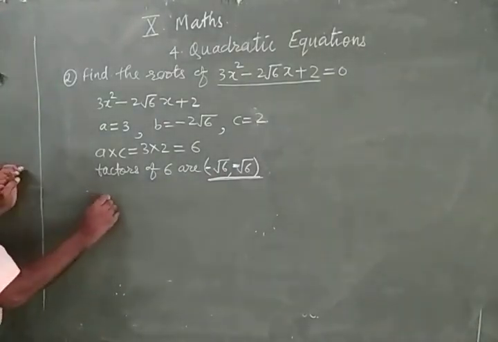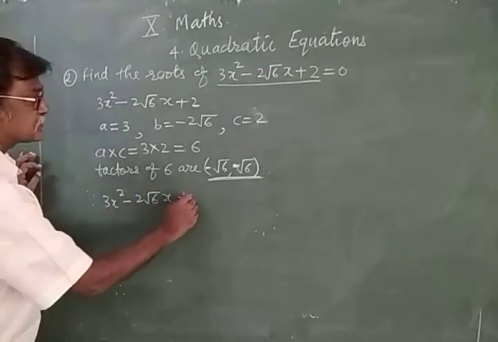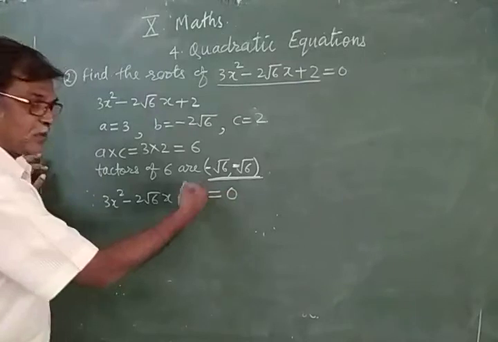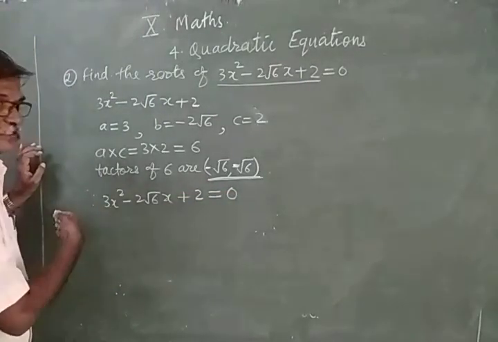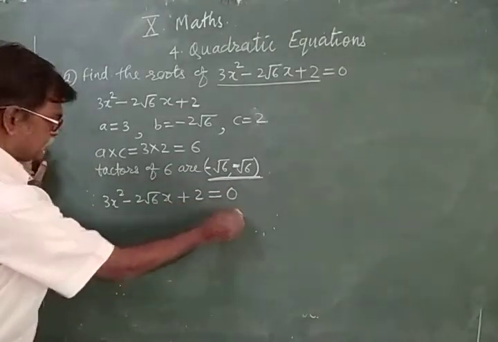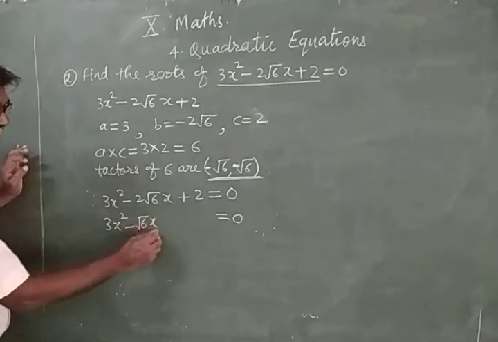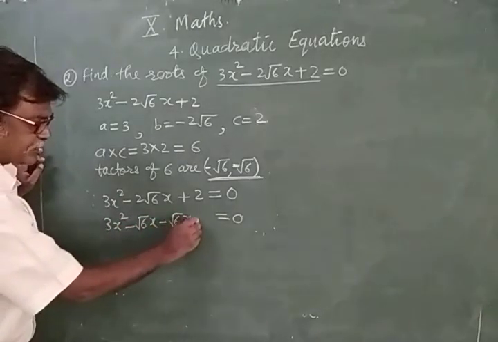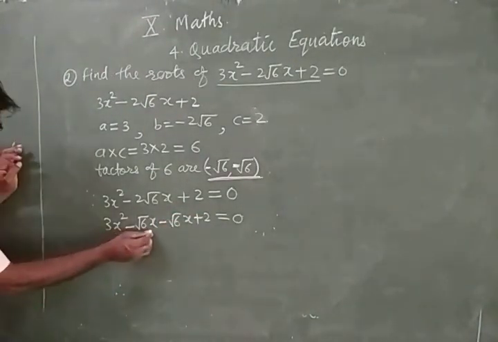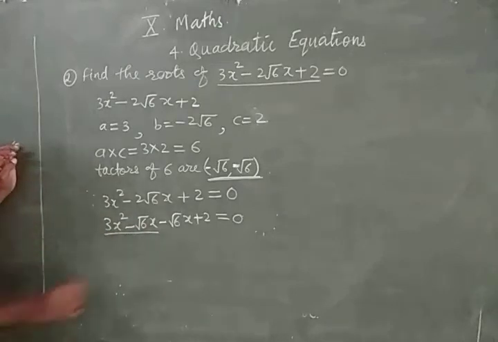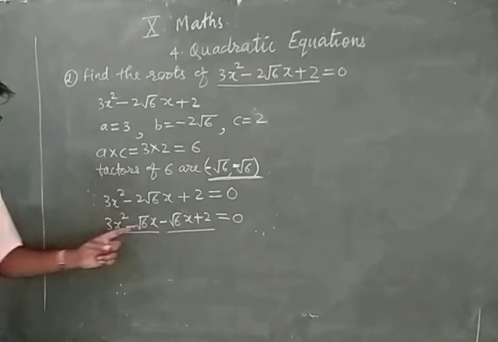And therefore this can be written as 3x square minus 2 root 6x plus 2 is equal to 0. Now I will take the last step. I will factorize the left side, right hand side will be 0. This 3x square as it is, minus root 6x, again minus root 6x and plus 2. Now form the pair. What will be the common?